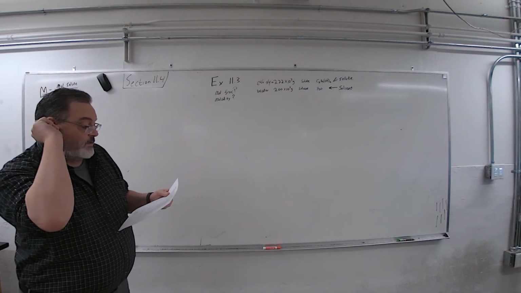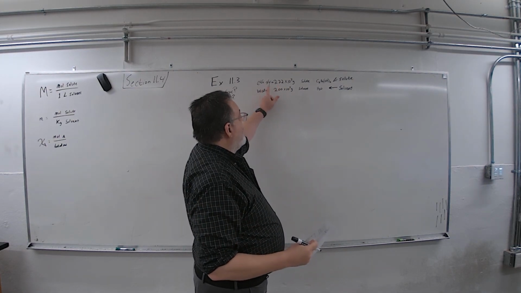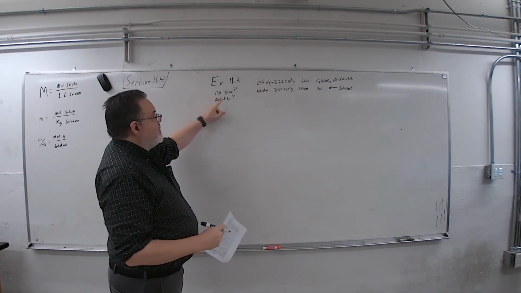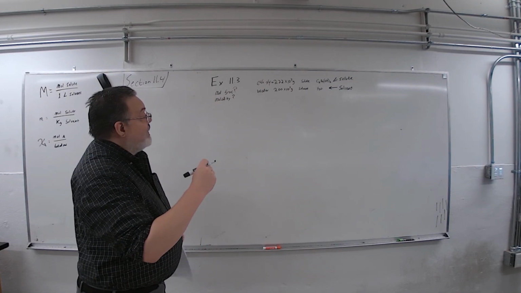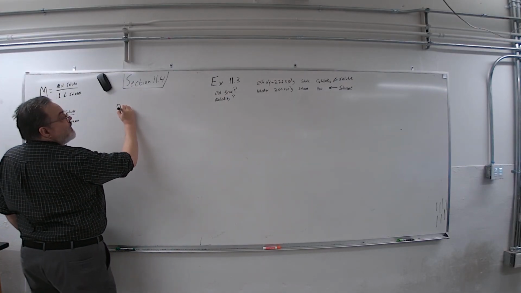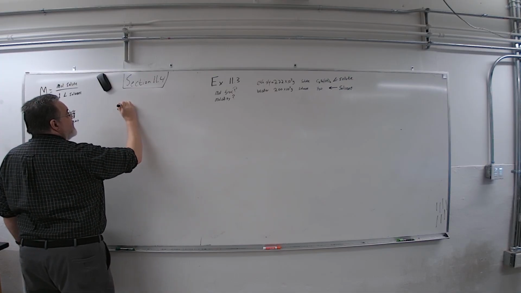Okay, so this is what's given. They tell you there's this many grams of ethylene glycol and there's this many grams of water. It says what's the mole fraction of each one and what's the molality of the solution. So that's what we're solving there. Let me just do it like this.